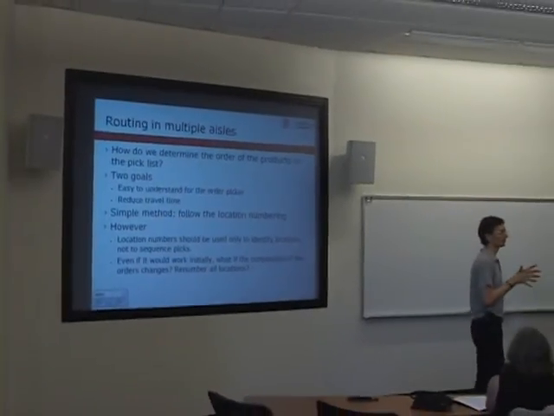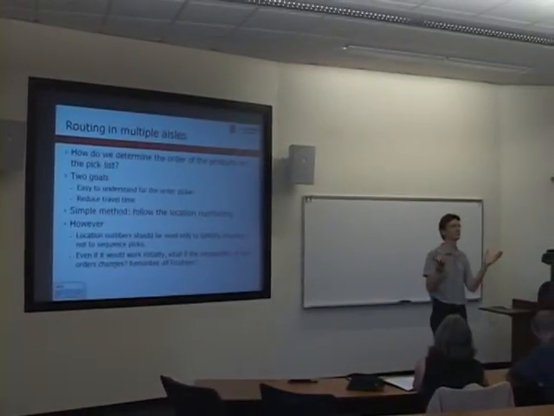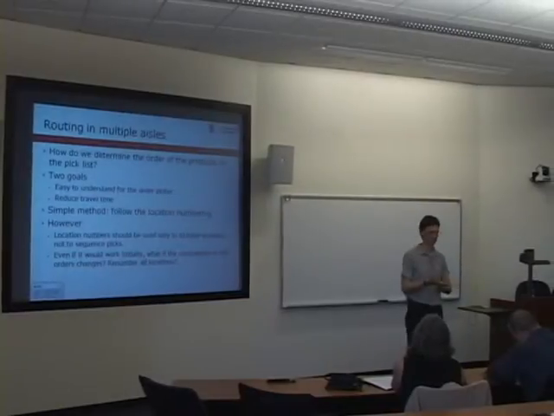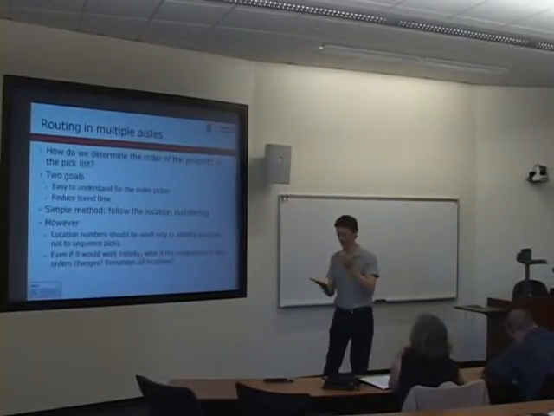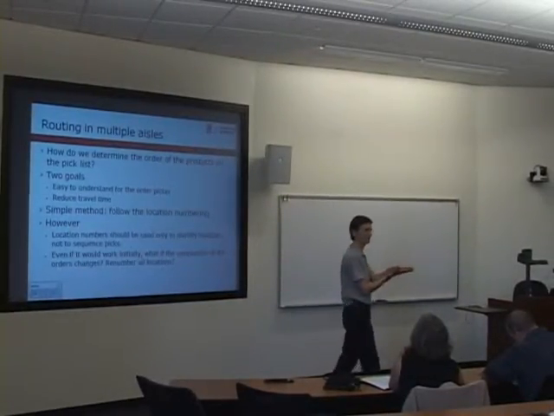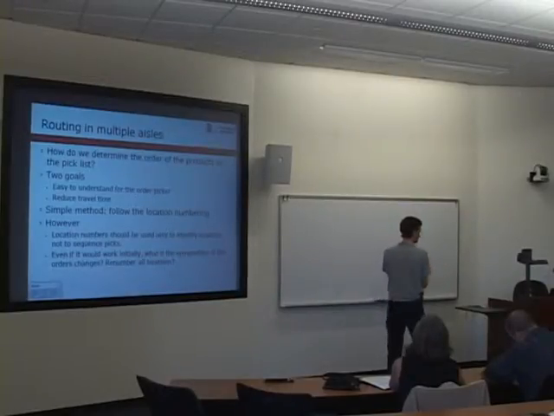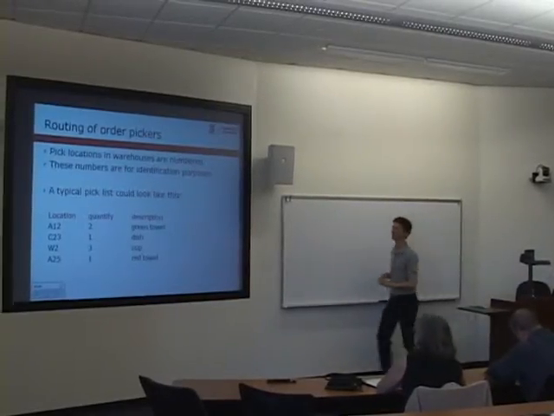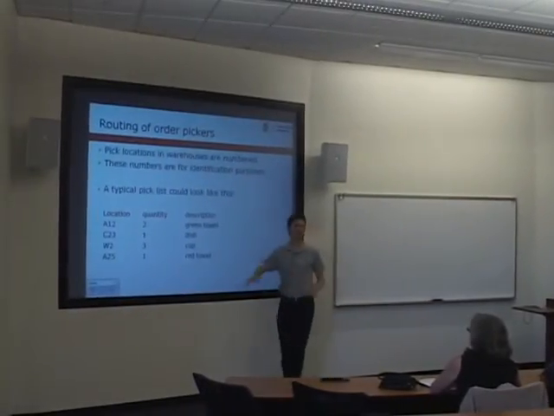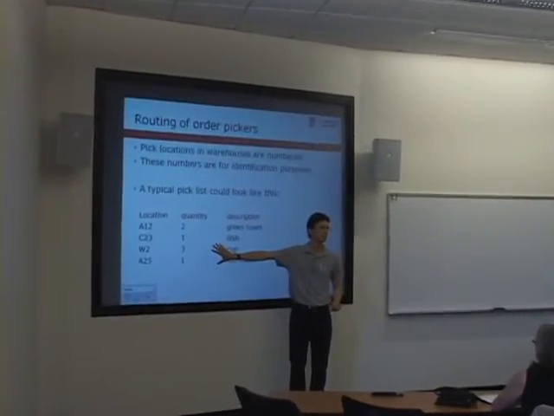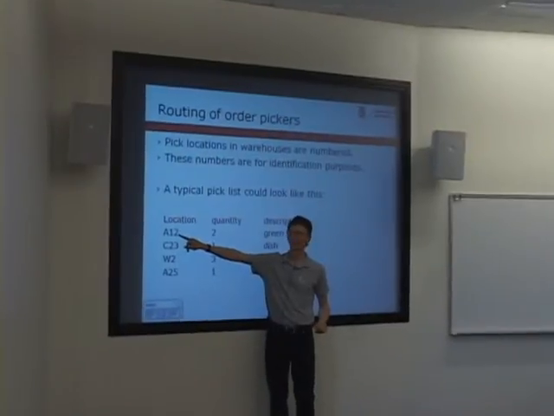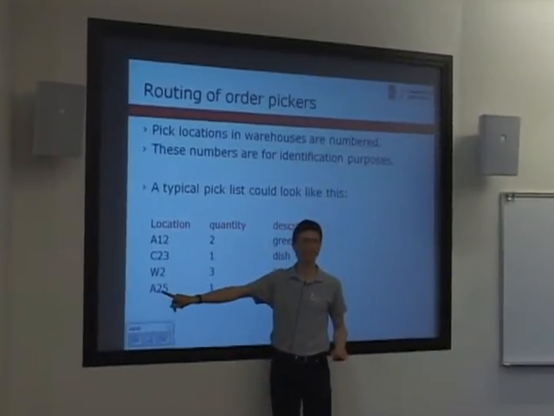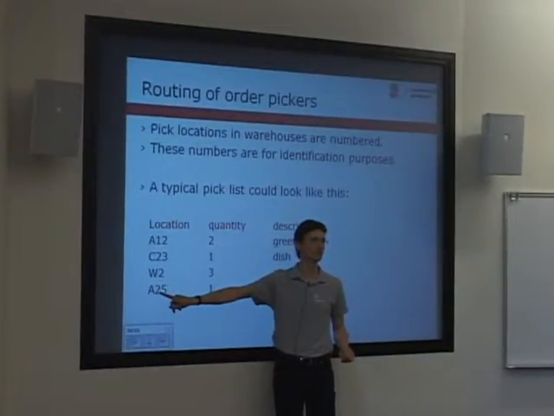Just imagine an order picker and you give this really strange list. Let's go back like 10 or 15 years. You have a paper list with locations like I showed you here. What do you think an order picker with this paper list would do, seeing when he's at A12 that there's something to be done at A26?